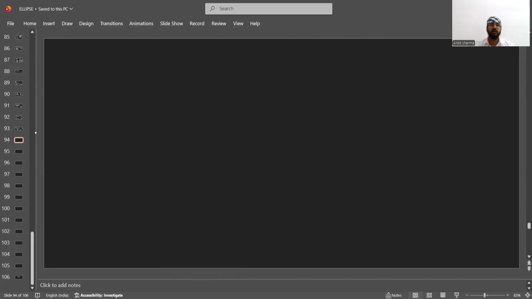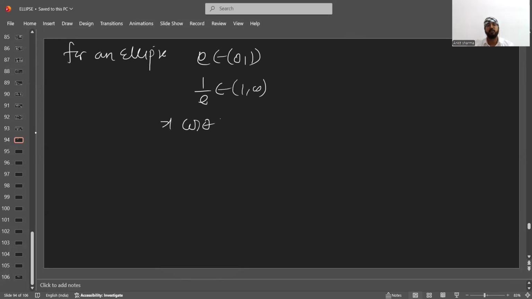And now we know what happens for an ellipse. For an ellipse, e belongs to (0, 1). That means 1/e would belong to (1, infinity), which means cos theta belongs to (1, infinity), which is a contradiction.